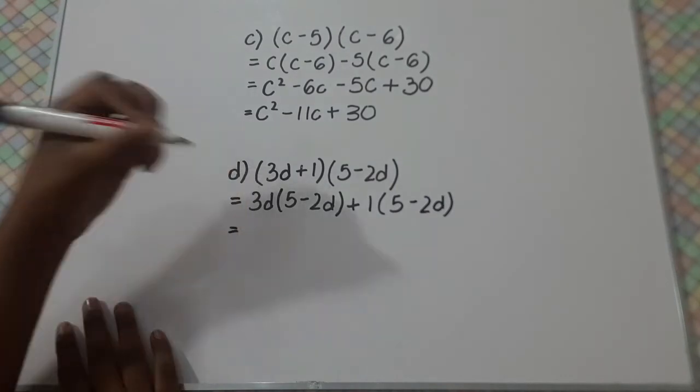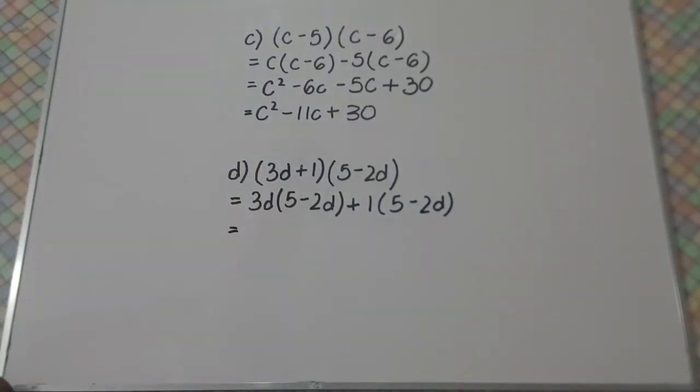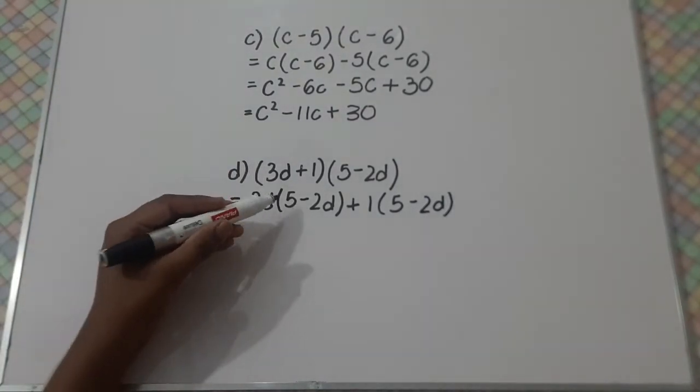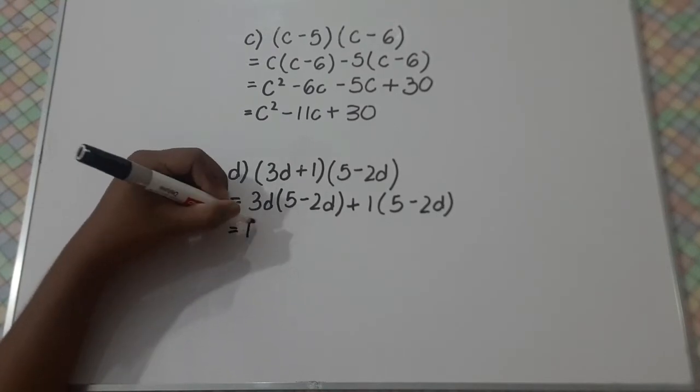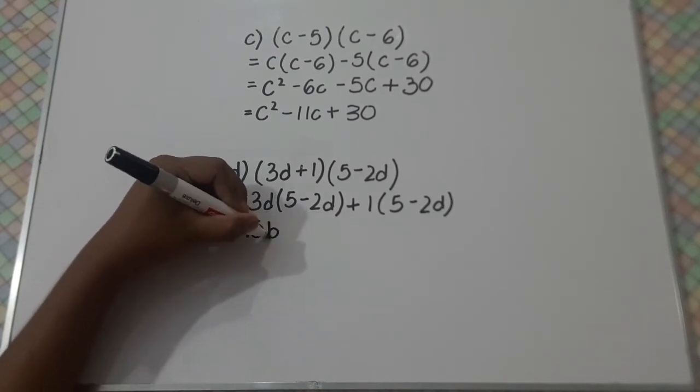So now we are going to open the brackets. So 3D multiplied by 5 is 15D.